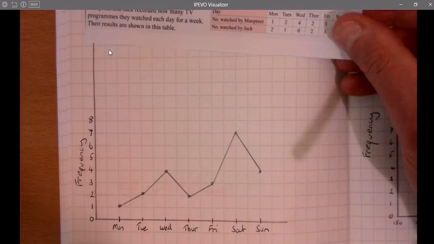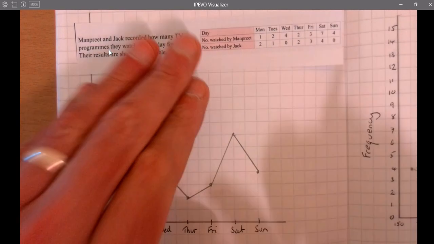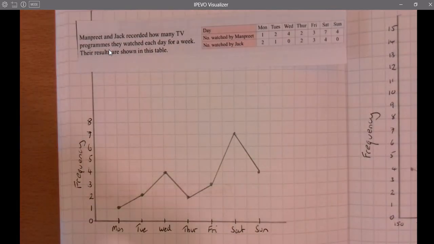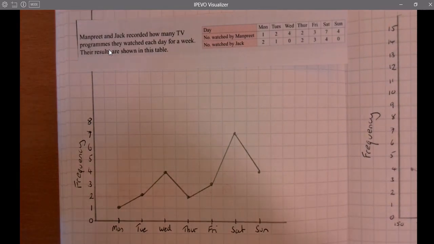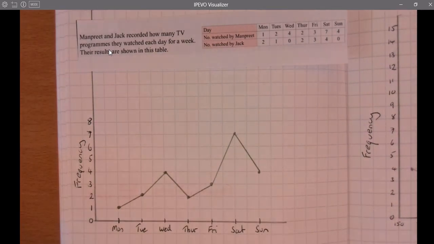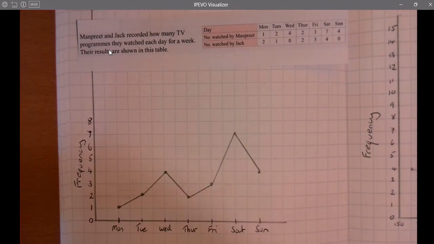What if we had somebody else in there? We've got Manpreet represented on here, and I can easily put, let's say Jack in this case, on the same diagram. Maybe if I do it in a different color.